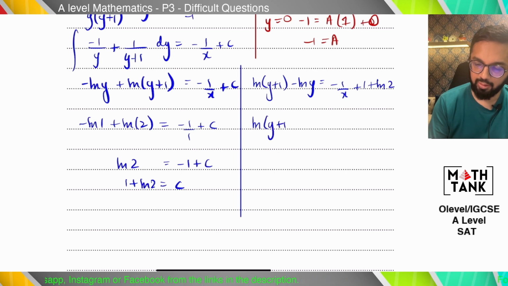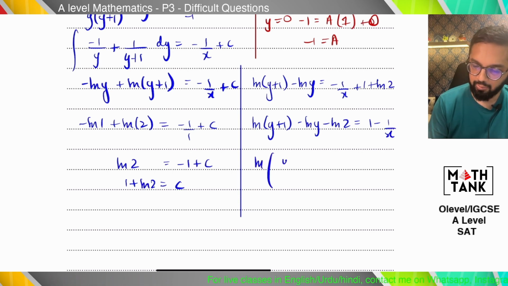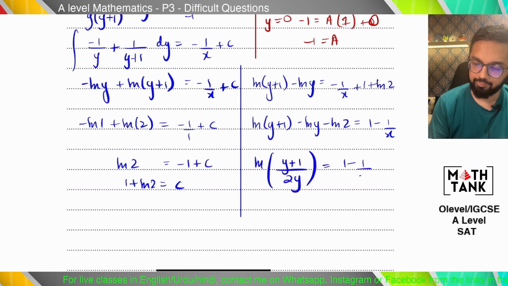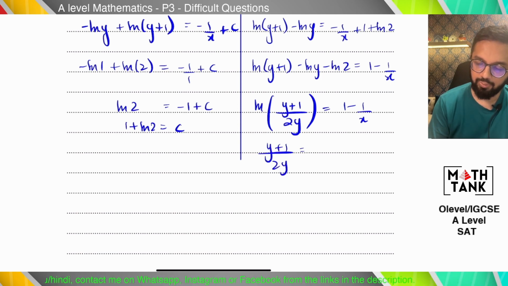Gathering all the ln's on one side: ln y plus 1 over 2y. Y plus 1 over 2y equals to e power 1 minus 1 over x.